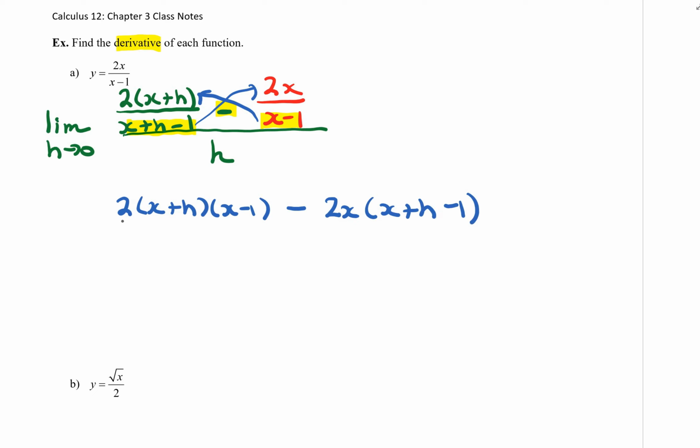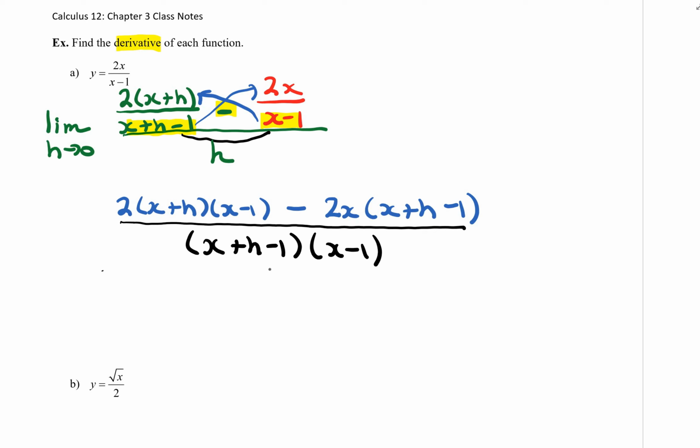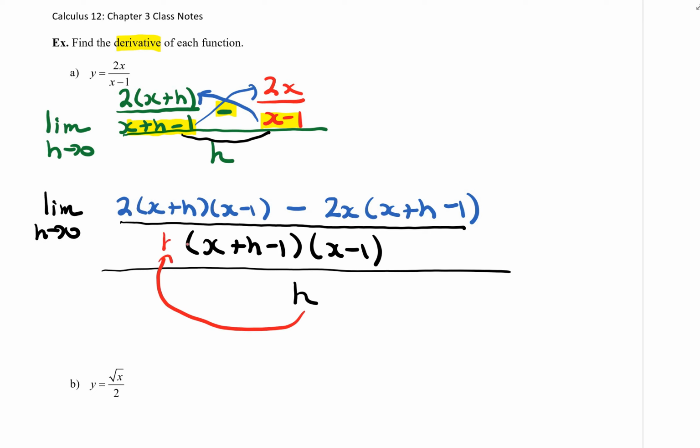And then we divide that by, and when the smiley face technique is you multiply those two terms together, so x plus h minus 1 times x minus 1, and then this all divided by h. Now as you're writing your notes, I want you to look at this and make sure you're familiar with the crisscross smiley face technique. And you should also be comfortable that this h can move right there. Alright, so that's how I would rather write it.